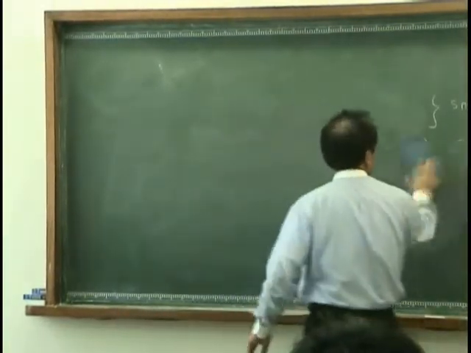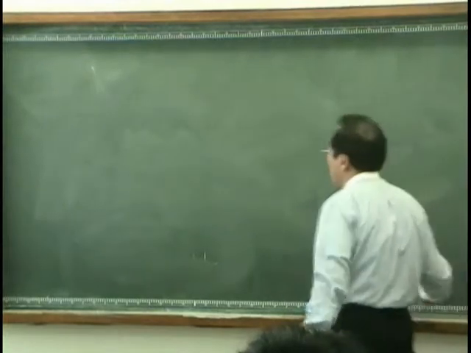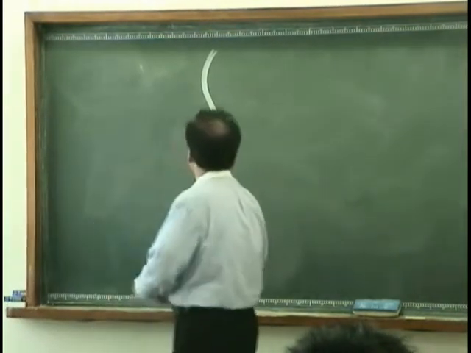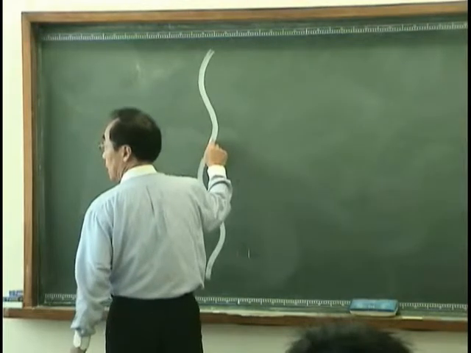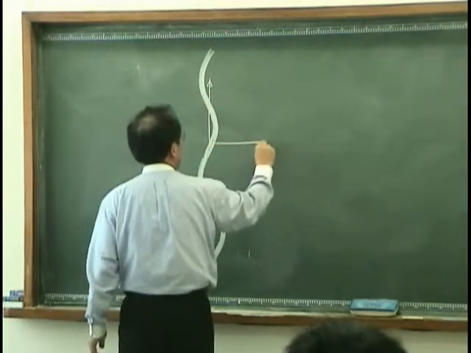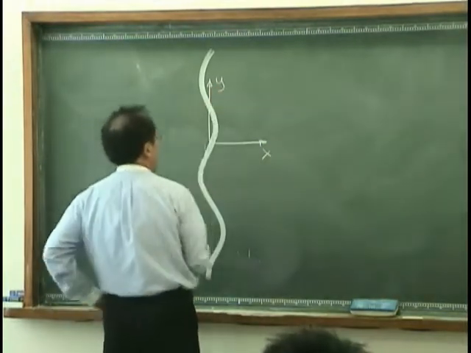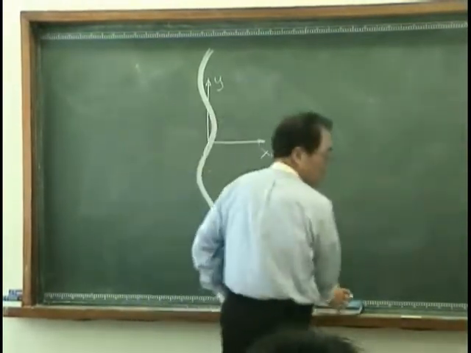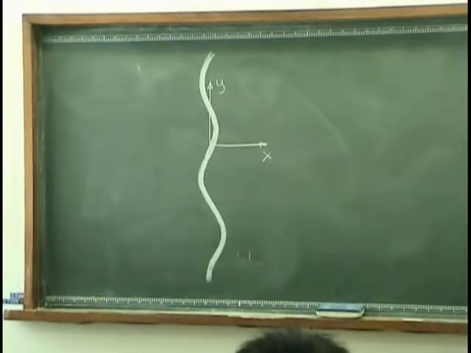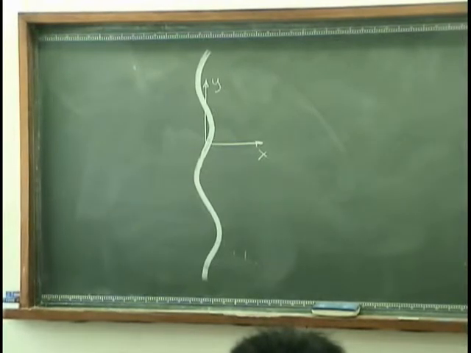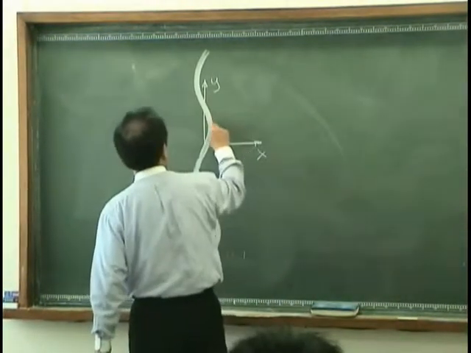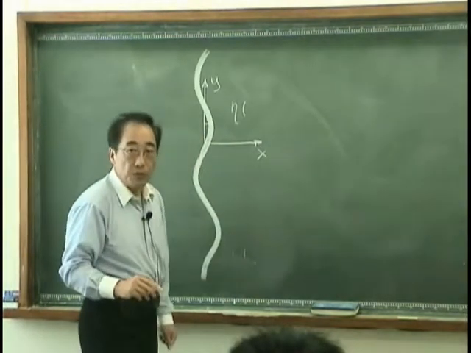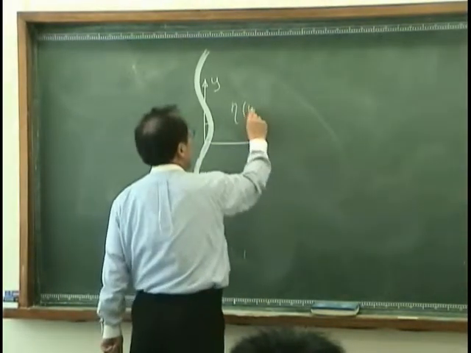physical circumstances. Okay, suppose we have a plate, and I use coordinates x and y, and then let's denote the amplitude of this wave as eta, and that is a function of y and t.